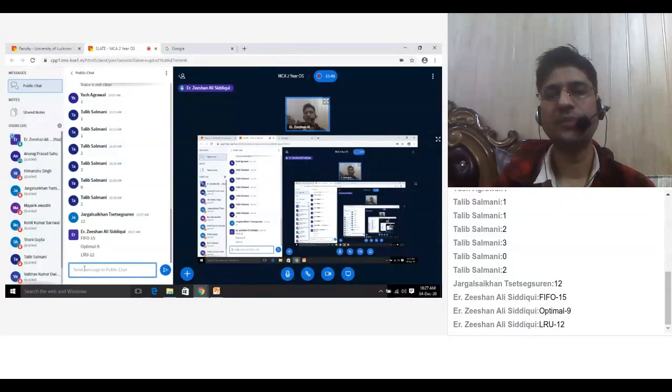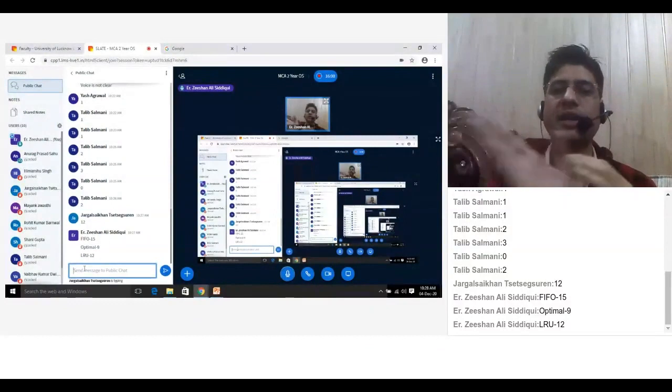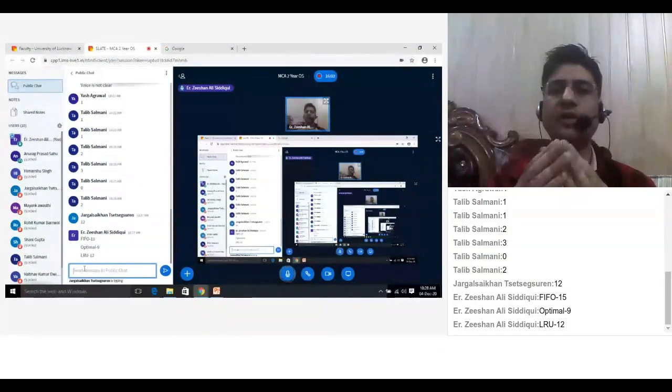And ध्यान देना, we have used the same reference string for all these three algorithms, right? Reference string has not been changed.